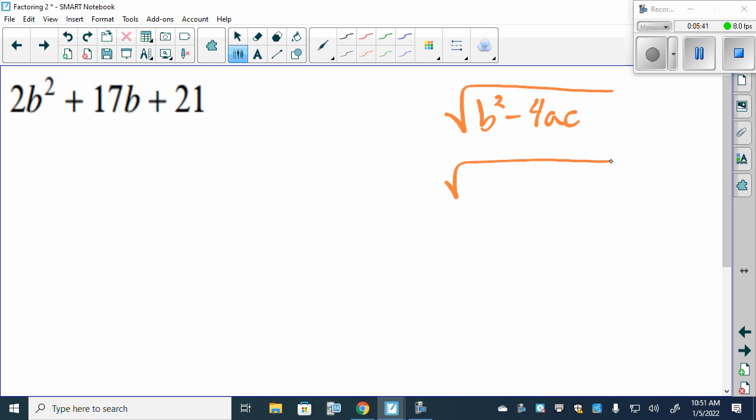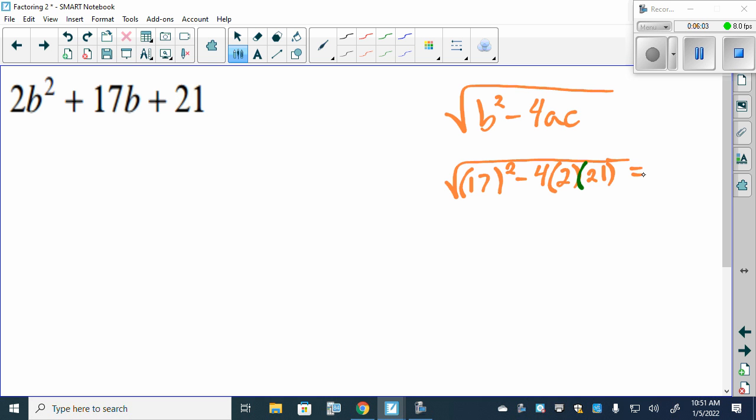And we get A, B, and C from the equation itself, because B in this case would be what? 17 minus 4. A would be 2 and C would be 21, because we're going off the general equation for a quadratic, ax squared plus bx plus c.